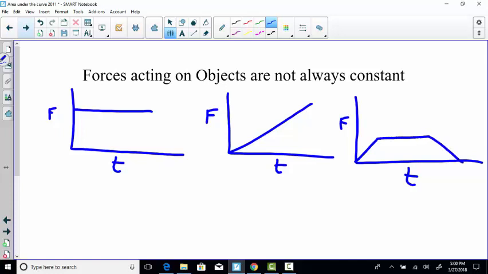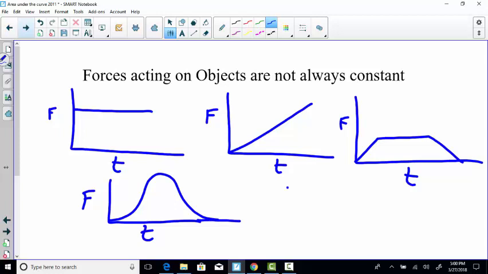We might also have one that looks like this. And we actually could have a force versus time graph that goes underneath as well, but that one doesn't happen too often. But there are lots of different variations for force versus time graphs.